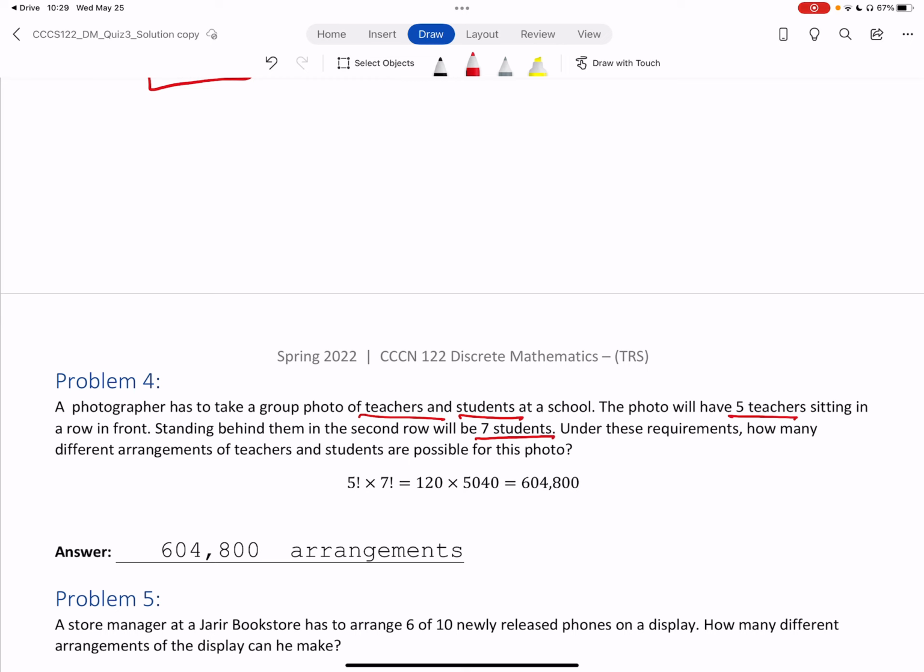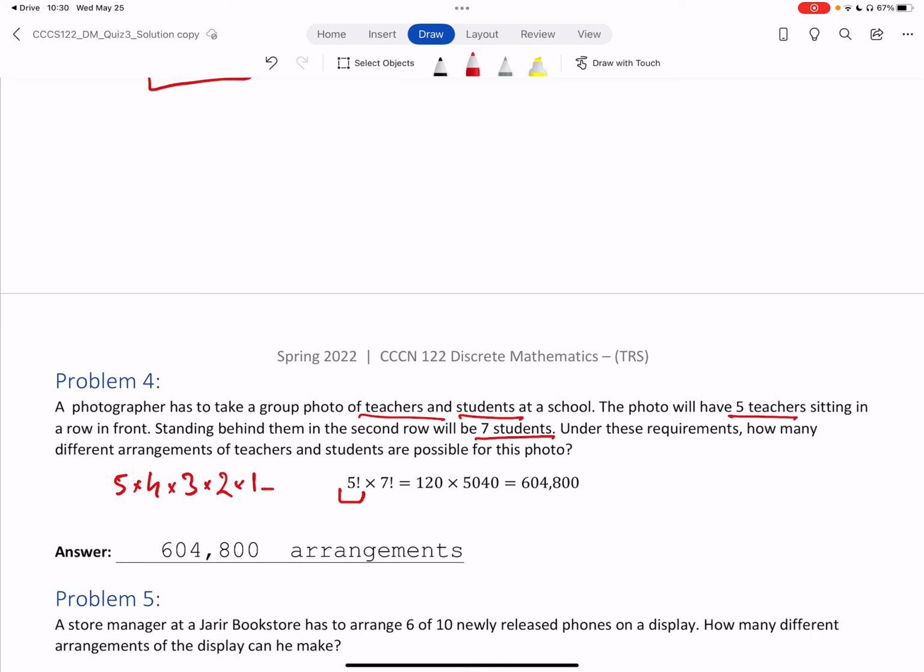In how many ways can you arrange the people in the picture? Well, this is straightforward. We can have 5 people for the first chair for teachers, 4 remaining teachers for the second chair, 3 for the next chair, 2 for the second last chair, and only 1 teacher left for the last chair.